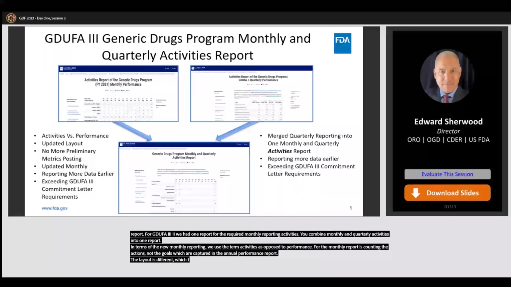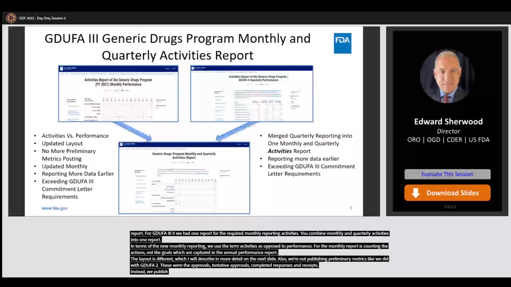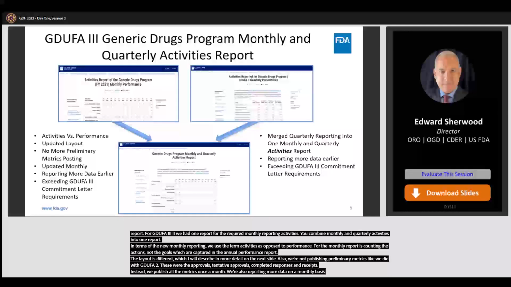Also, we're not publishing preliminary metrics like we did with GDUFA II. These were the approvals, the tentative approvals, the first generics, complete responses, and the receipts. Instead, we publish all the metrics once a month. We are also reporting more data on a monthly basis exceeding GDUFA III commitment requirements, of which I will go into more detail shortly.